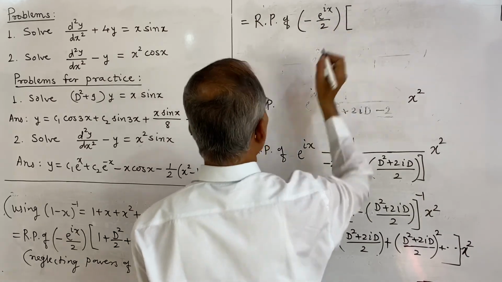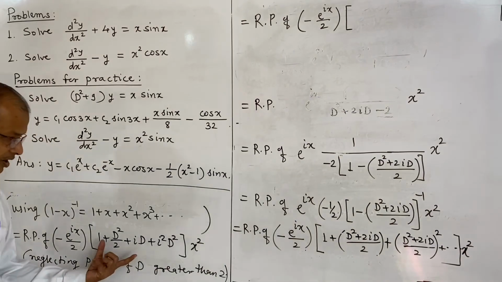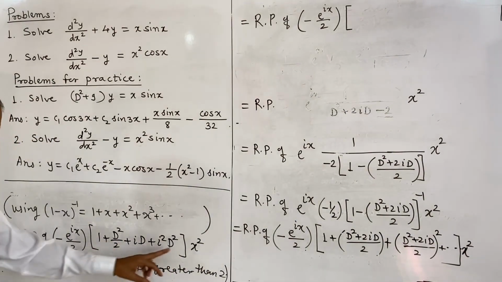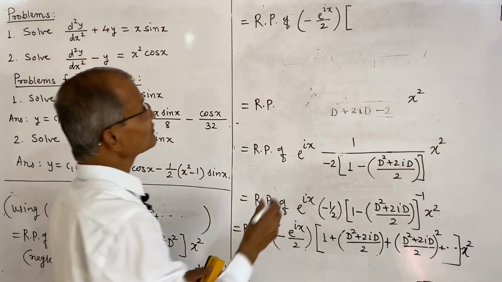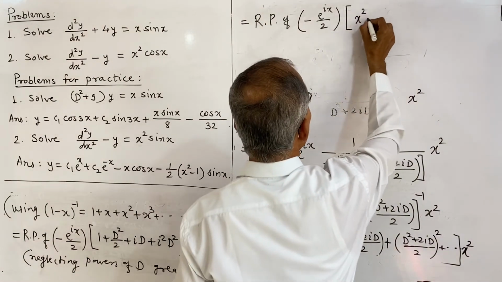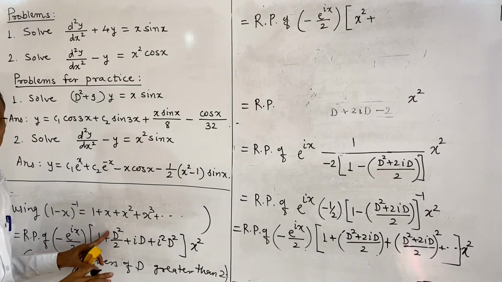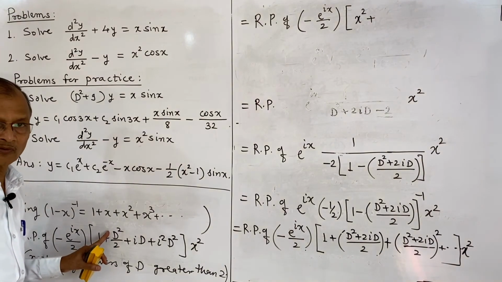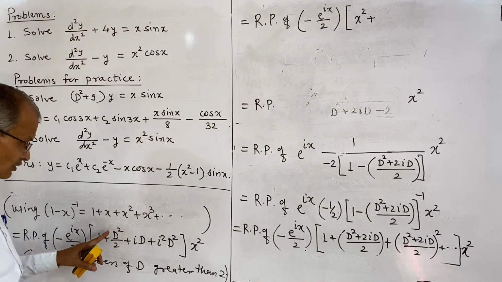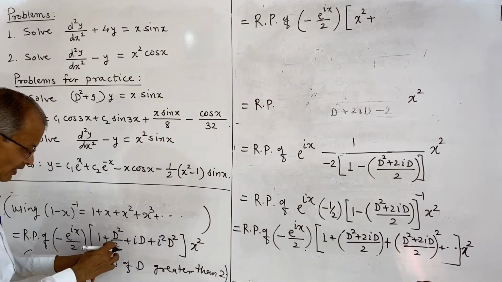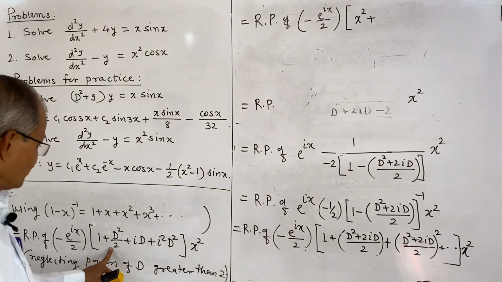These are to be operated on x square. So 1 into x square, that is x square, plus d square of x square. D of x square is 2x, and d square of x square will be the derivative of 2x, that is 2. So d square x square is 2, 2 divided by 2 is 1.